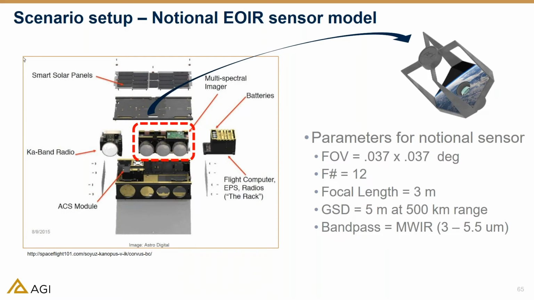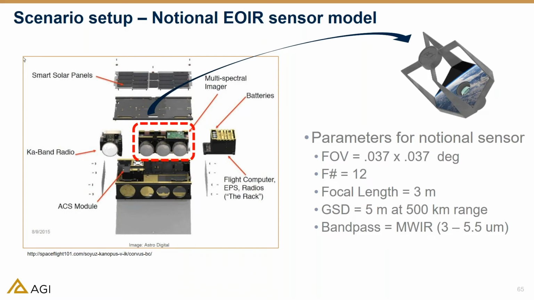So yeah, purely notional, but when you do this with some of the parameters, we started with the existing parameters from the Corvus BC platform and then played around with them inside of EOIR, made some assumptions for how well we could potentially improve the system in the future.